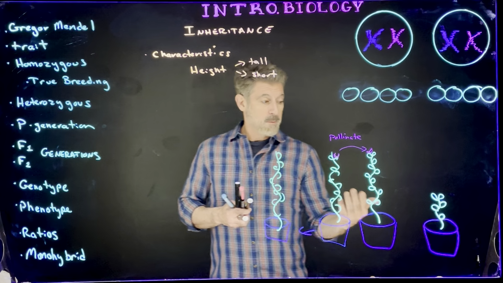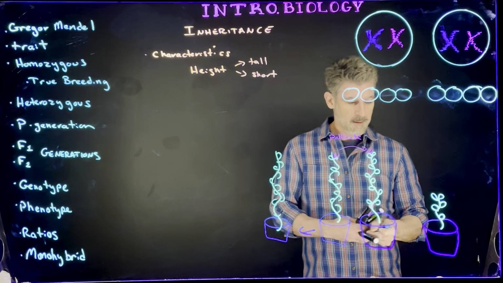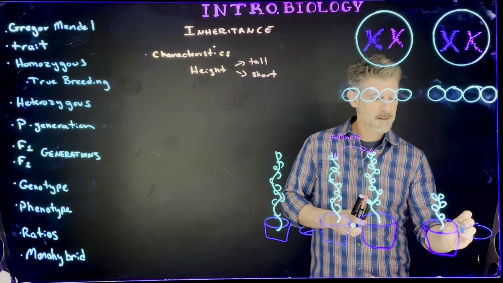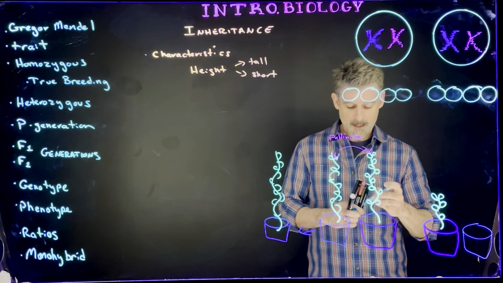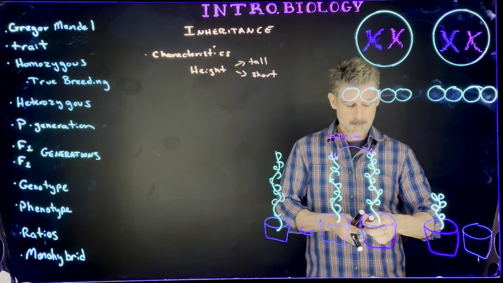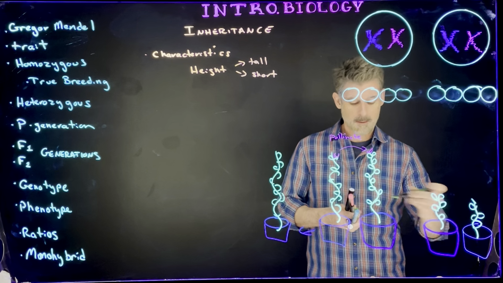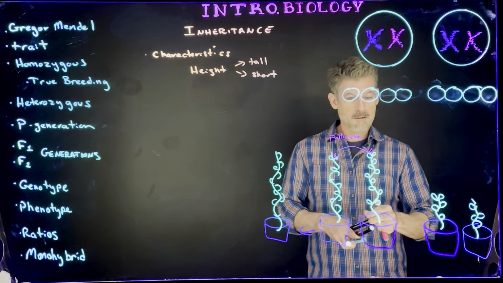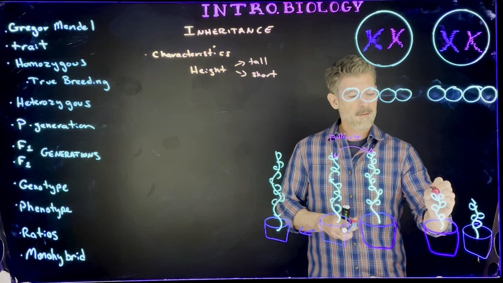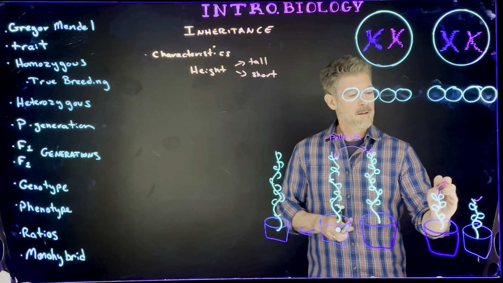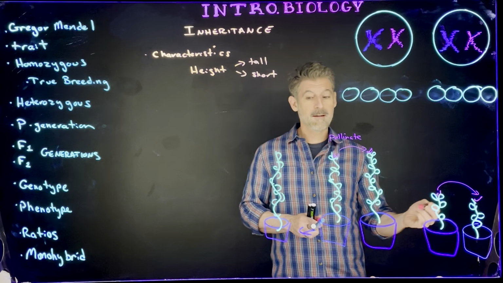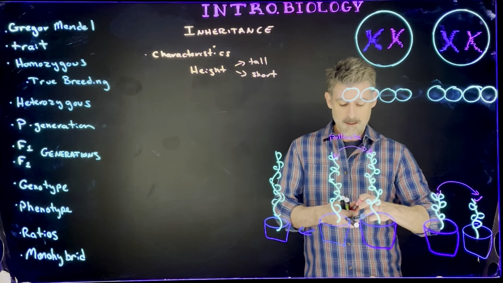He then did experiments with the short plants, and he said, okay, let's see what happens. I take some short plants and pollinate them, letting them grow, because even though they're short, they could still develop and flower. He would take the pollen from one and pollinate the other. They would lead to some offspring.